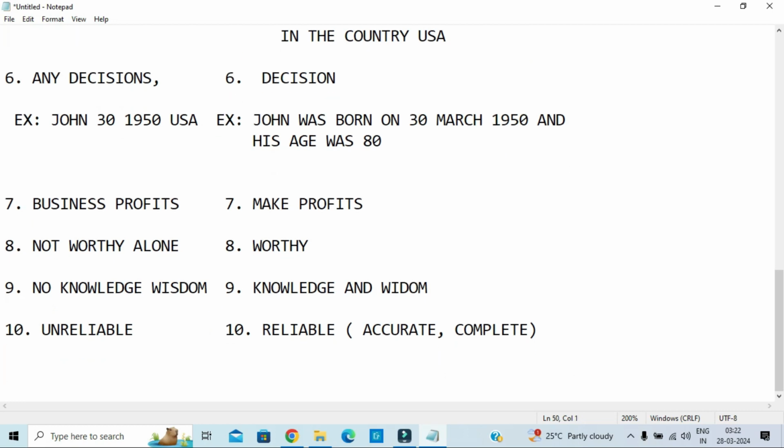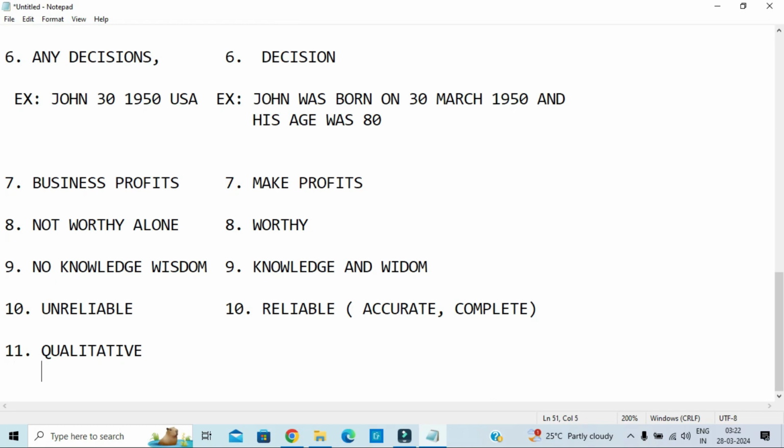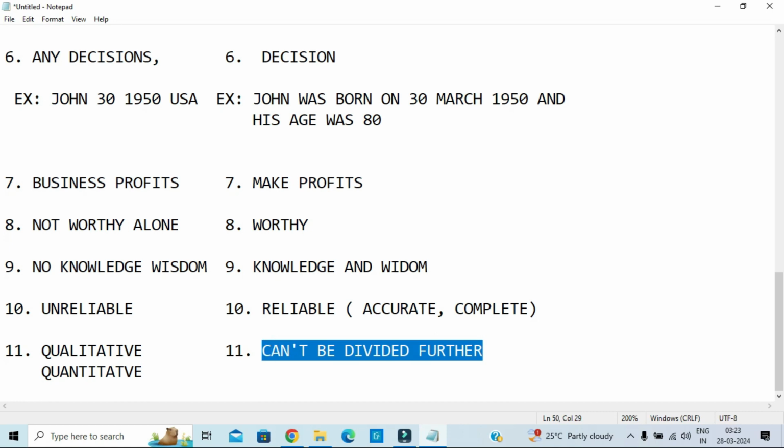There is one more difference. Data is further divided into two types known as qualitative and quantitative. But information can't be divided further, because it's the last step, the last thing that we extract from the data.